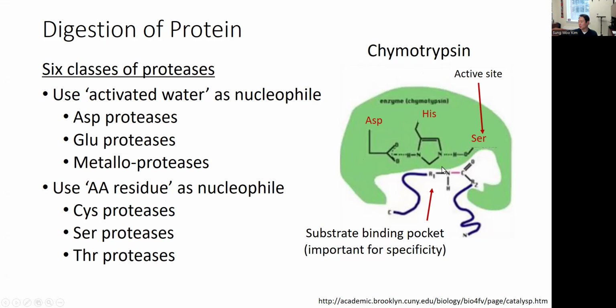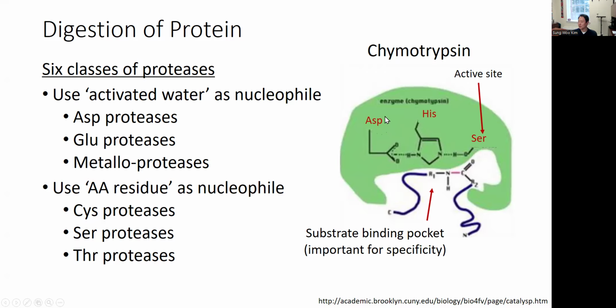Okay, if you look at this enzyme protein, chymotrypsin is also a protein, and there is an active site. This is the active site, where the enzyme action will happen. Okay, and the active site will have 3 amino acids exposed.